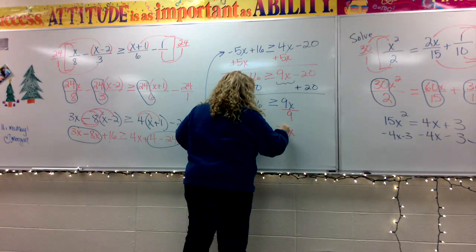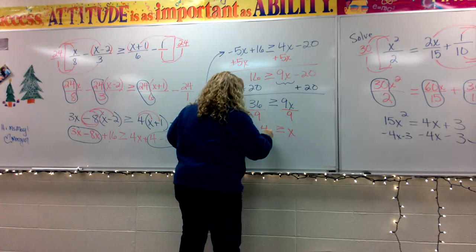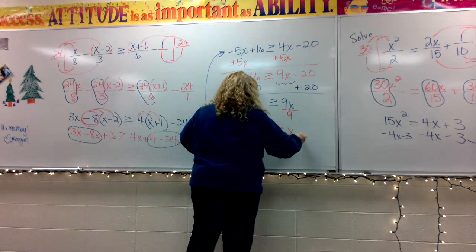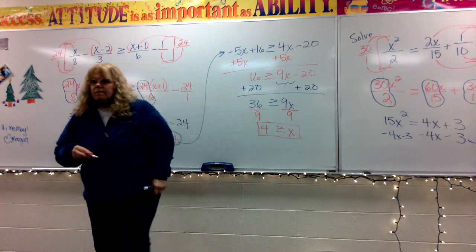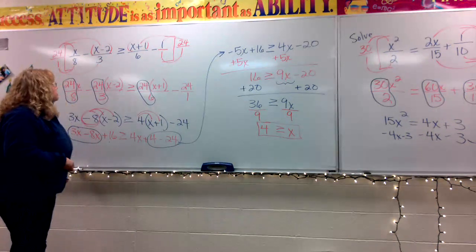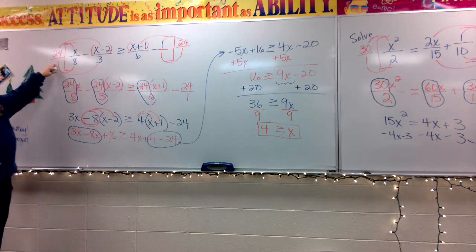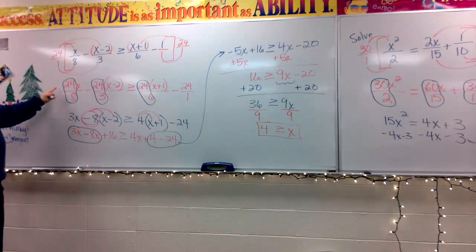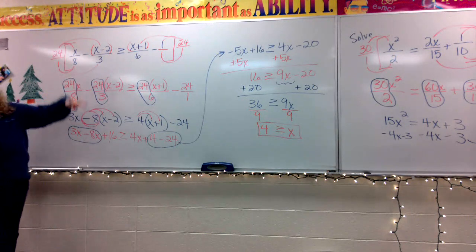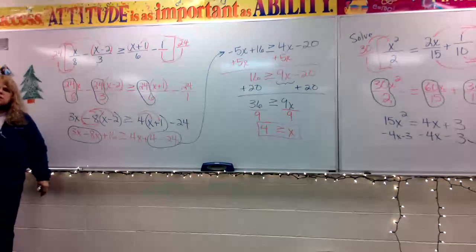So x has to be less than or equal to 4. Make sense? And really, the only new part is this multiplying to get rid of the fractions, right? That's the only new part. Once you get to here, you should know how to solve the rest.